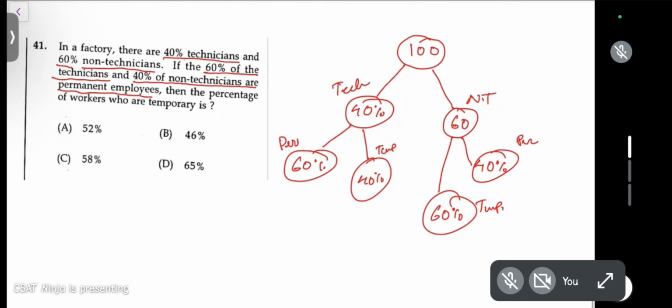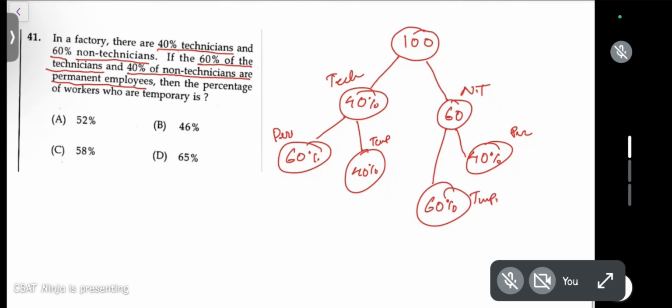Are you guys following this? I'll just repeat again. Out of this 100, the question says 40% is technician and 60% is non-technician. 60% of the technicians are permanent employees, that's the reason I'm writing permanent here.